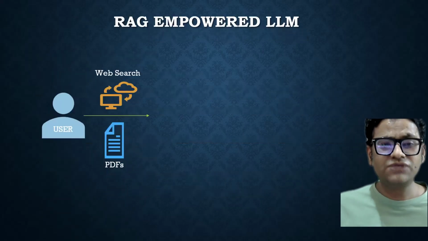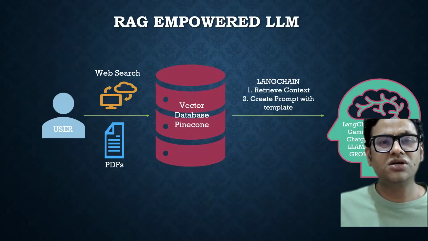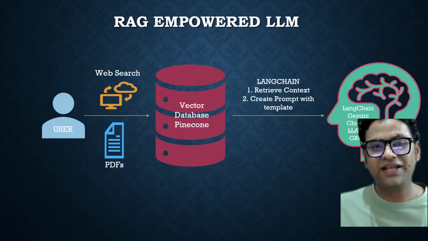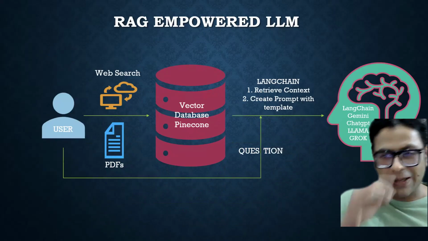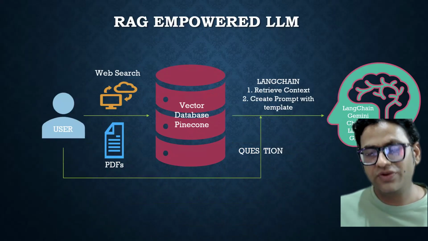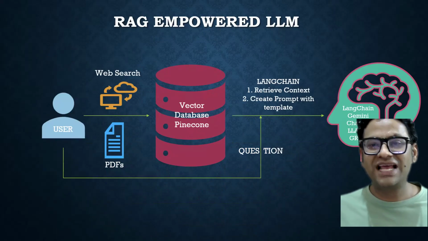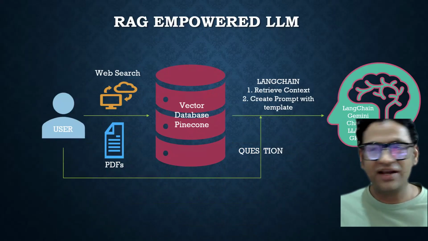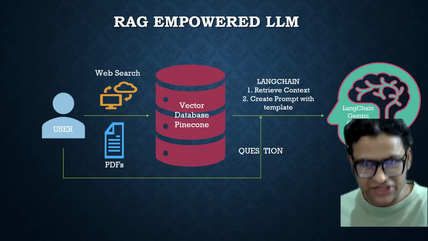Okay, so this is what we do. This is what the previous slide explained. We have a user who collects the data through PDF and web search and puts it in a vector database. Then LangChain is the framework through which we can talk to LLMs. There are many more features which LangChain has, like retrieving the data and all this kind of stuff, which we're going to understand in our upcoming sessions.